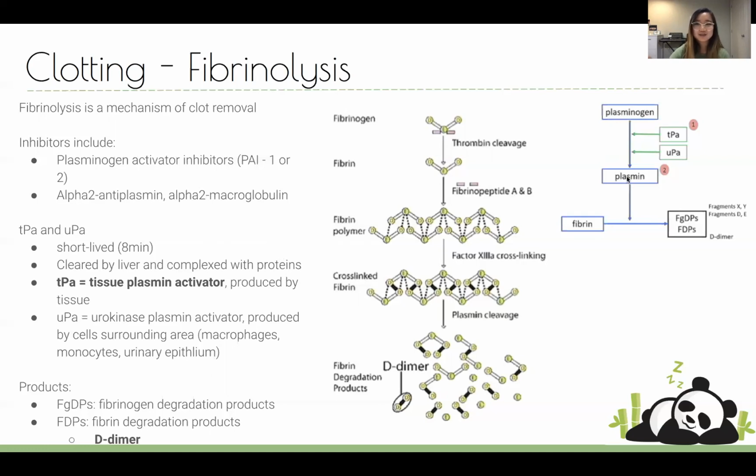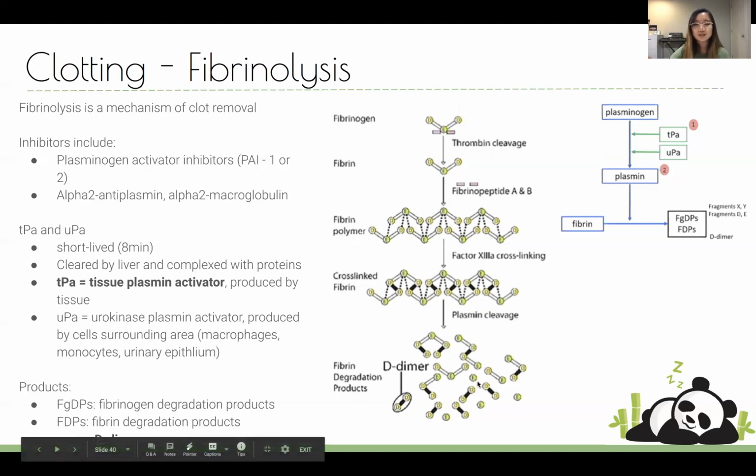And plasmin is created from plasminogen. And the things that help this happen are TPA, or tissue plasminogen activator, and UPA, urokinase plasminogen activator. Essentially, the products, you get FDPs, or fibrin degradation products. Not too important. D-dimer is a big one because we can find that in a blood test. But yeah, that's basically it.